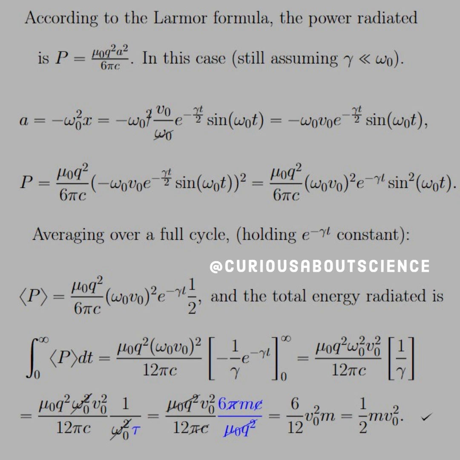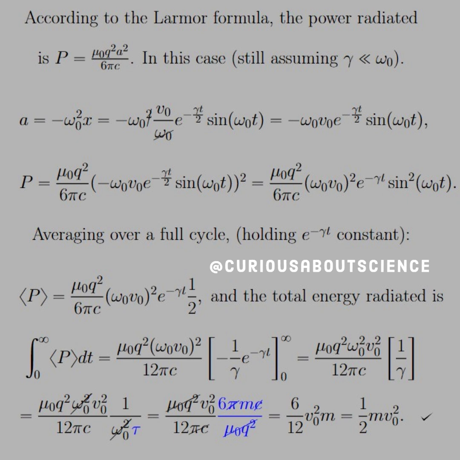So let's go ahead and integrate away. The exponential term cancels down in the integral to 1 over gamma after evaluation. Okay, so plug in gamma, which is omega naught squared tau, and the omega naught squared terms cancel.